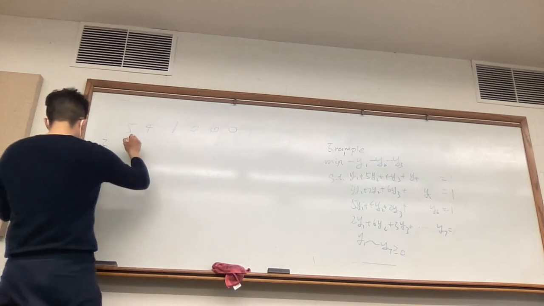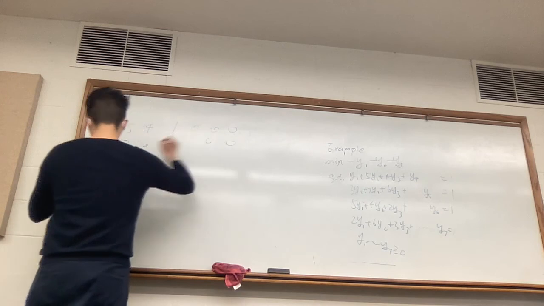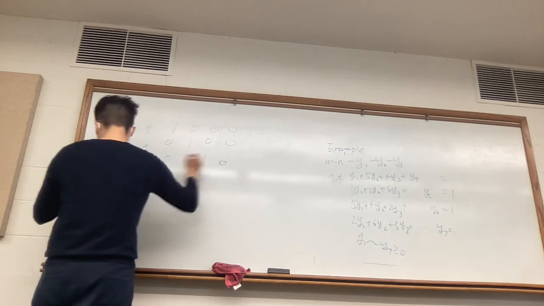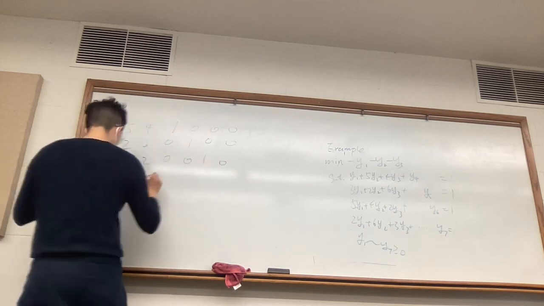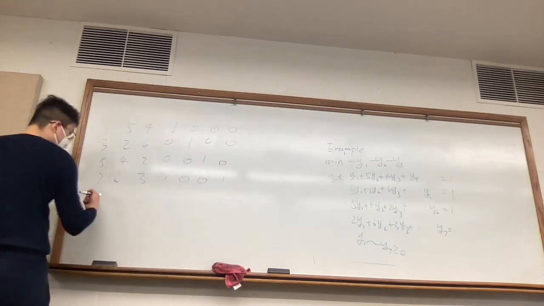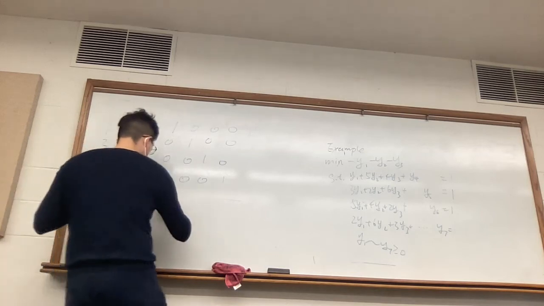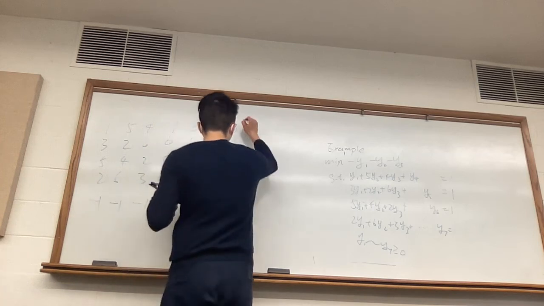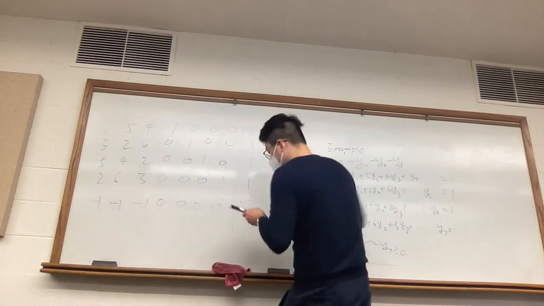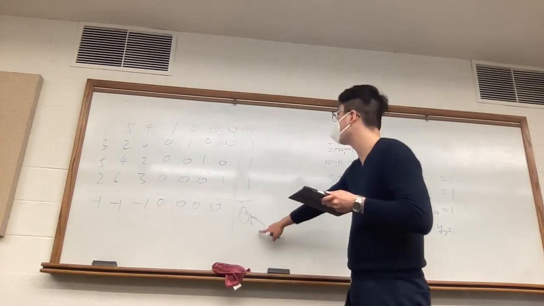Accordingly, the second one is 3, 2, 6, 0, 1, 0, 0. Then 5, 4, 2, 0, 0, 1, 0. Then 2, 6, 3, 0, 0, 0, 1. The last row is the coefficient for the objective function: 0, 0, 0, 0. Here we write the vector b on the right hand side, and in this place is the value of our objective function.